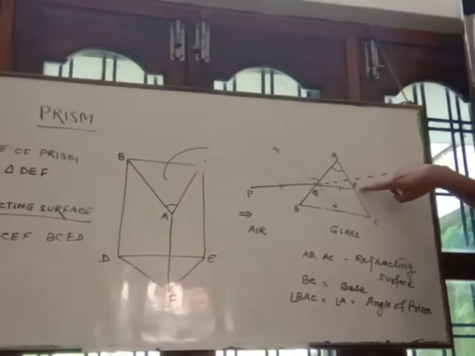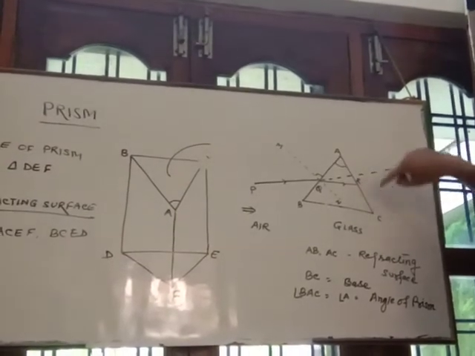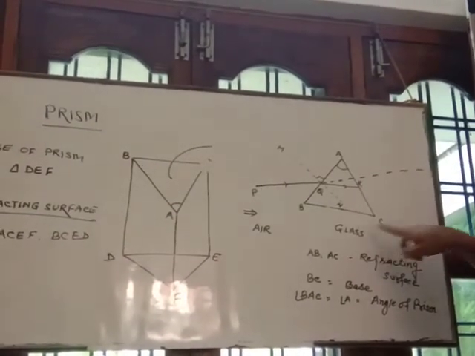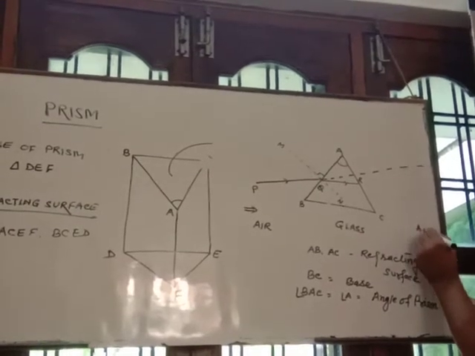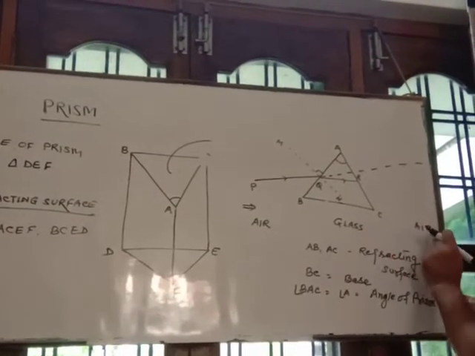Now at point R, the light ray passes from glass to air, that is, from denser to rarer.